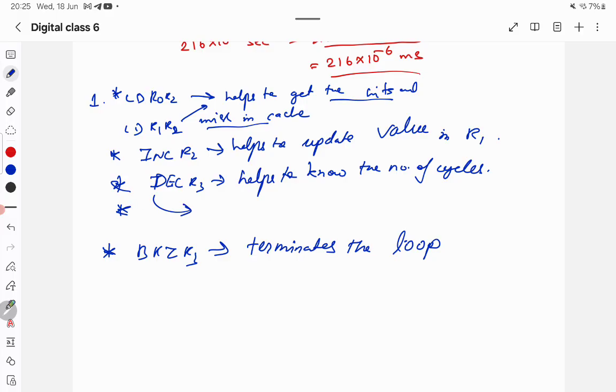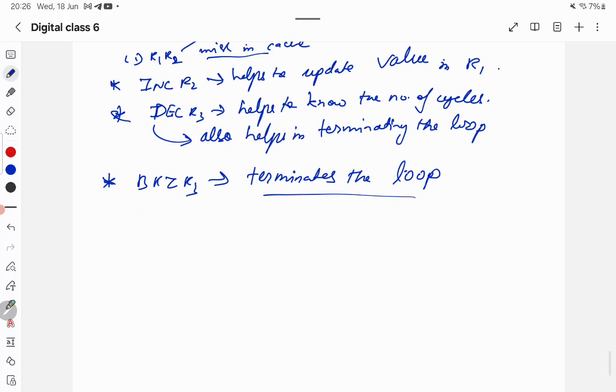This one also helps in terminating the loop or not? Because it was 7, then 5, then 4, then 3. So this one terminates the loop because we terminate and then go to the last instruction.